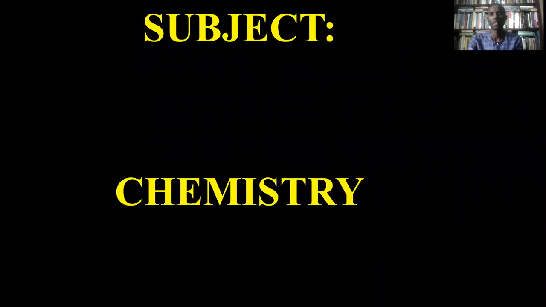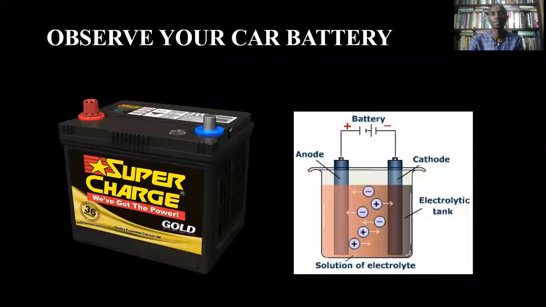I want us to start by observing your car battery, or any car battery around you. You observe that the car battery is well set up in a way that it has something inside.